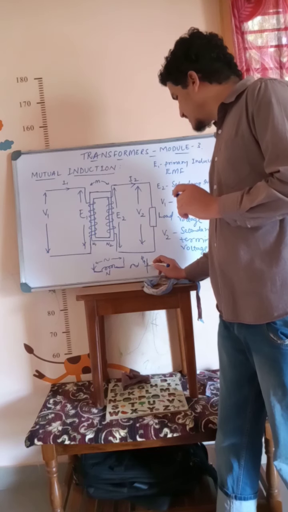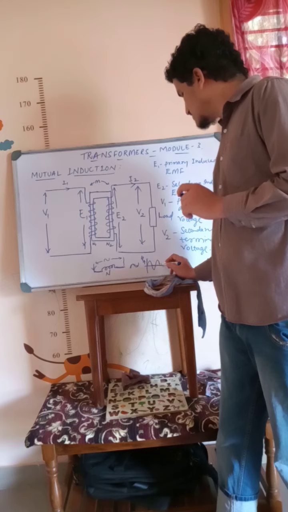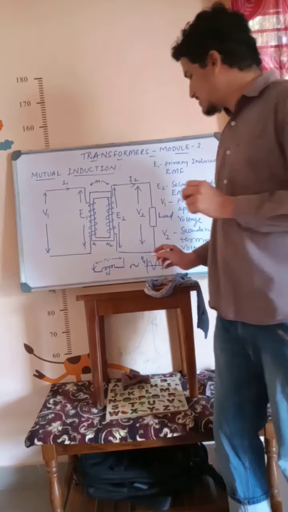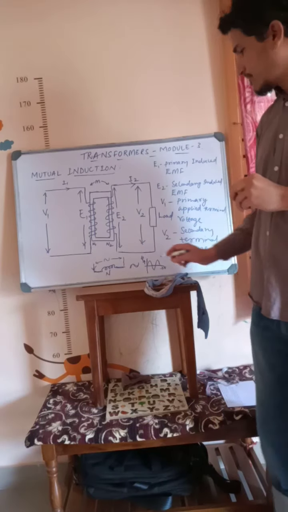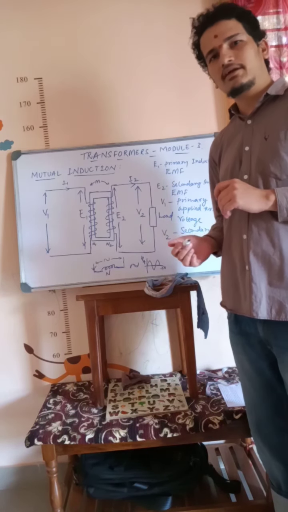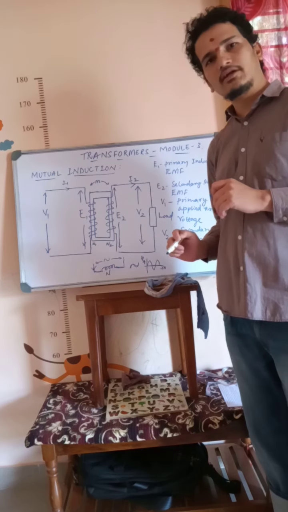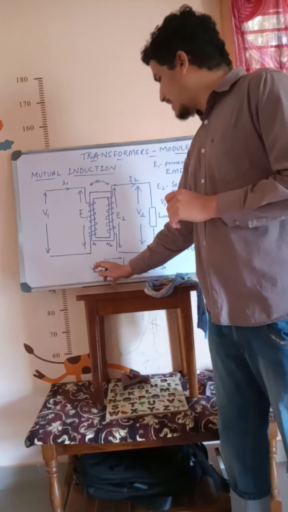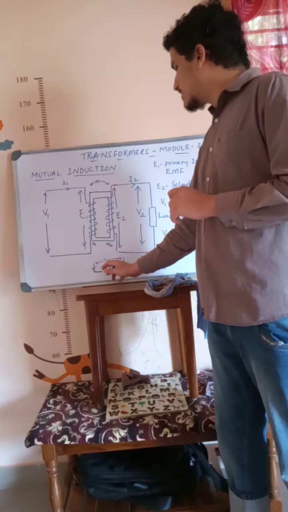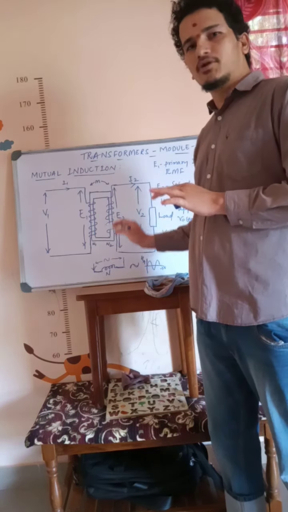It varies with respect to time, on the time scale. If it varies with respect to time, an alternating flux is created. So when an alternating current is passed through a coil, an alternating flux is produced.